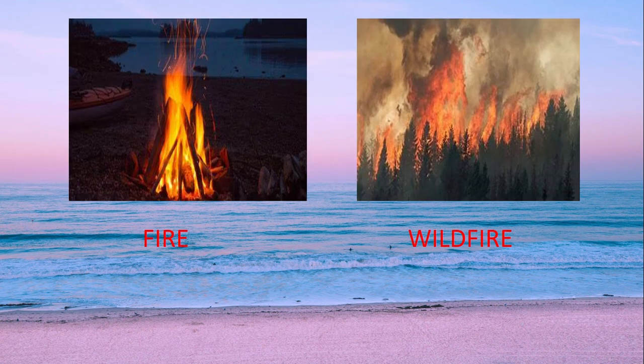Now another natural disaster, that is fire. Here you are observing fire, and this is one type of fire. Sometimes fire occurs due to willingness, willingly we can do something on firing, and another type is carelessness.